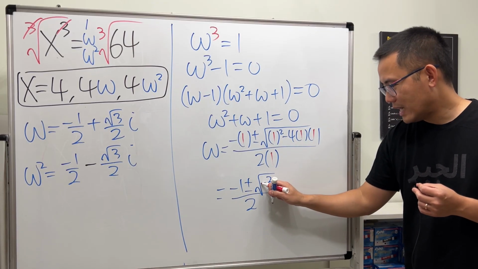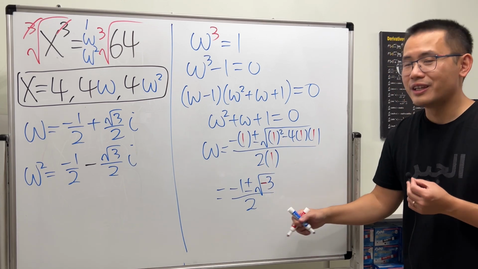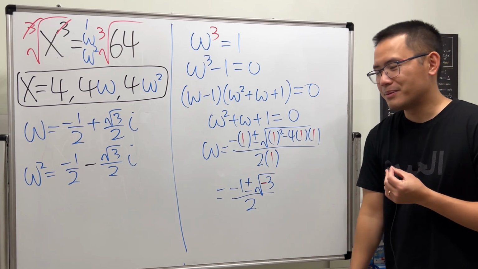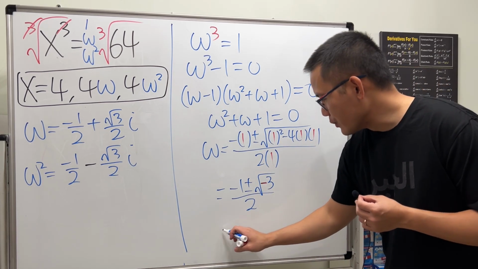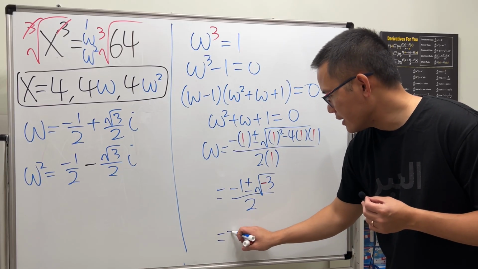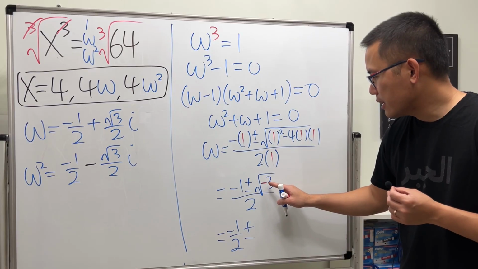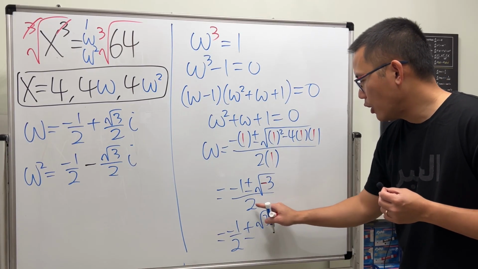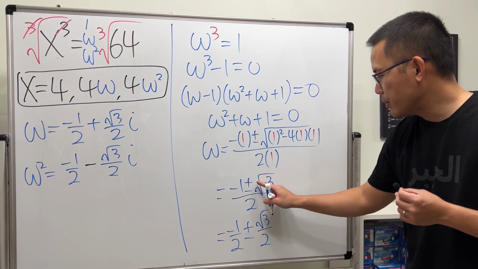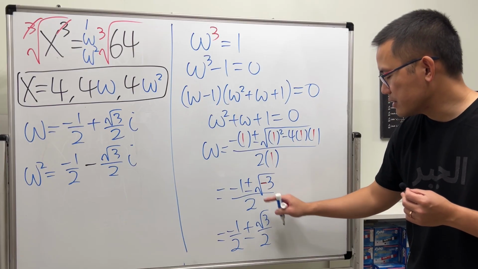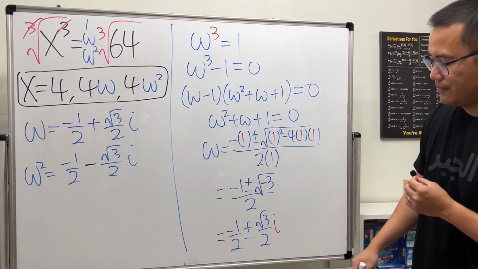Now, because we have a negative inside of a square root, we end up with a complex number, right? Let me split this for you guys. We have negative 1 over 2 plus or minus square root of 3 over 2 first, and then let me put down the i from the negative inside of the square root right here.